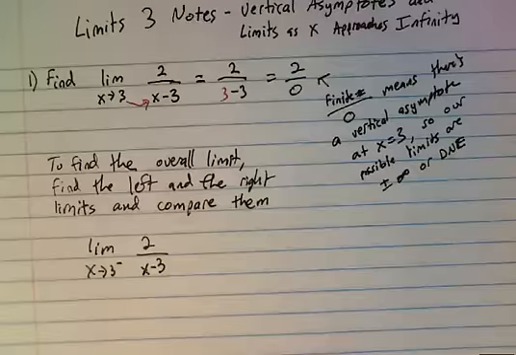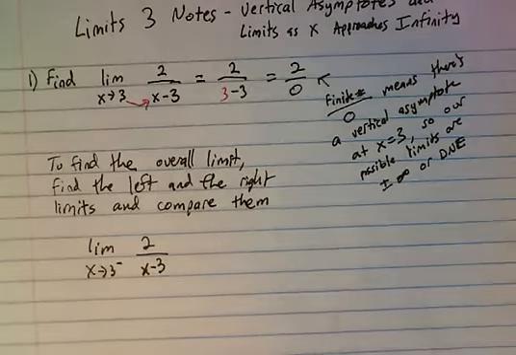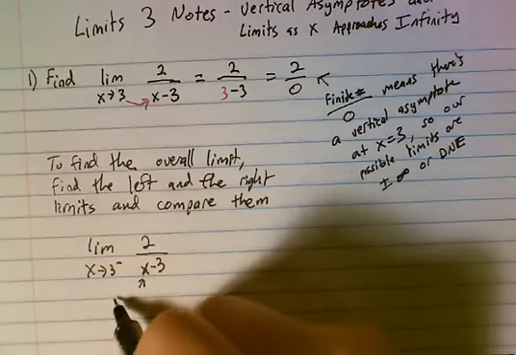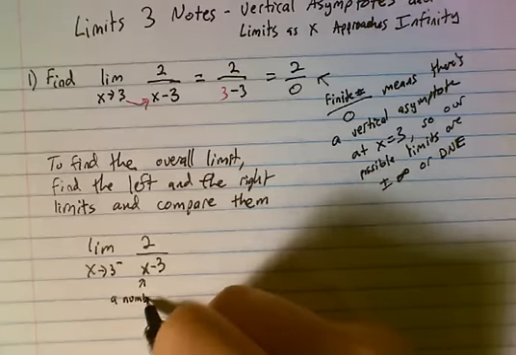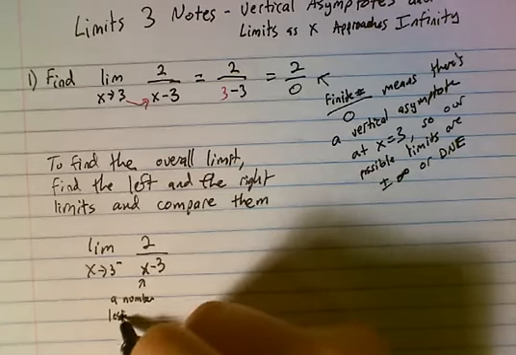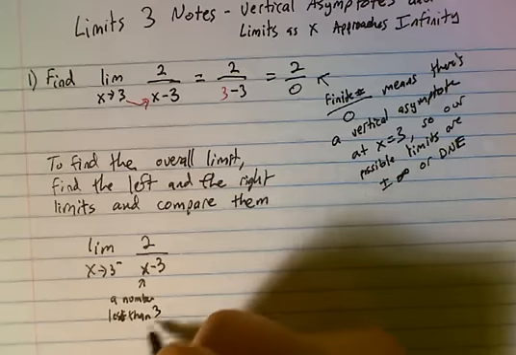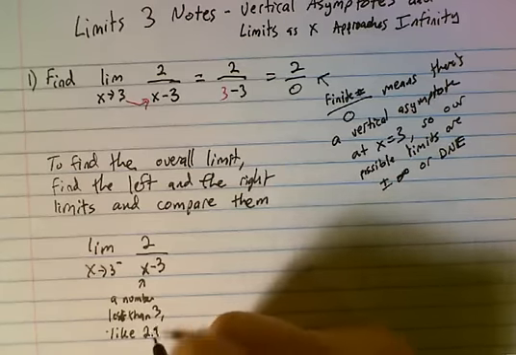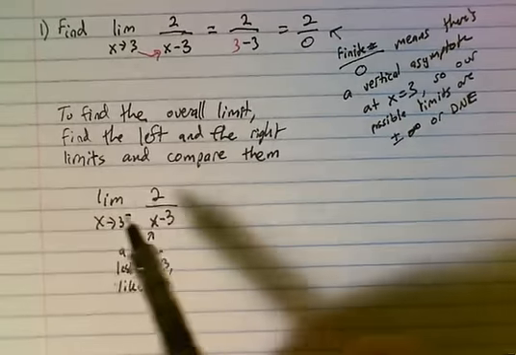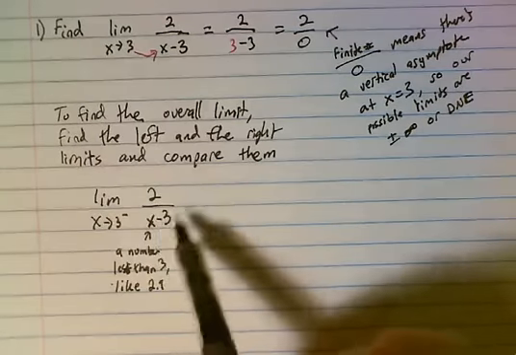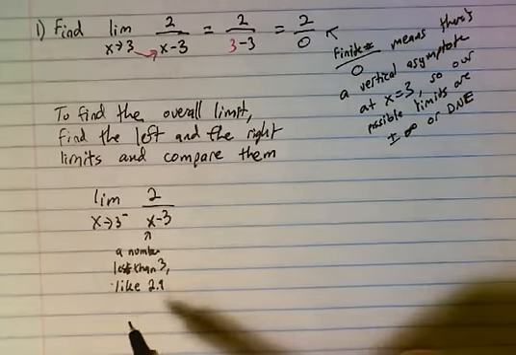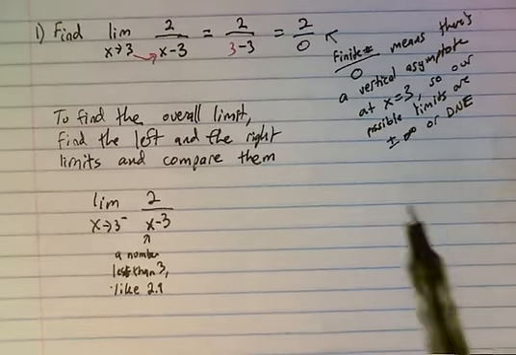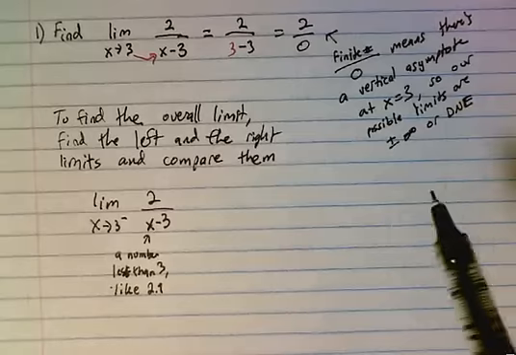So the left means we're coming from this side, so this number is going to be slightly less than 3, a number like 2.9. It's not that we're figuring out the numerical value of this when x is 2.9. We simply need positive or negative, because we know our answer is positive or negative infinity. We just need the sign. Is it positive or negative?